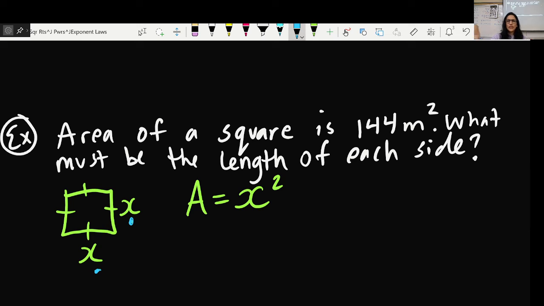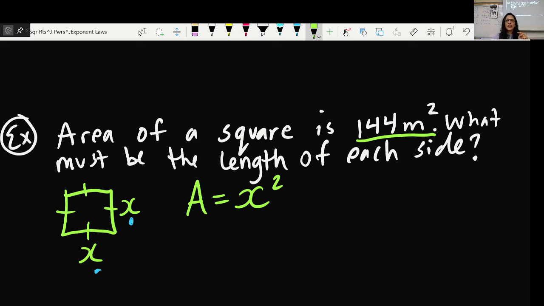Now we were told that the area of the square is 144 meters squared. Where do I plug that into this little equation? In for which variable? If the area of the square is 144 meters squared, x is representing one little side.